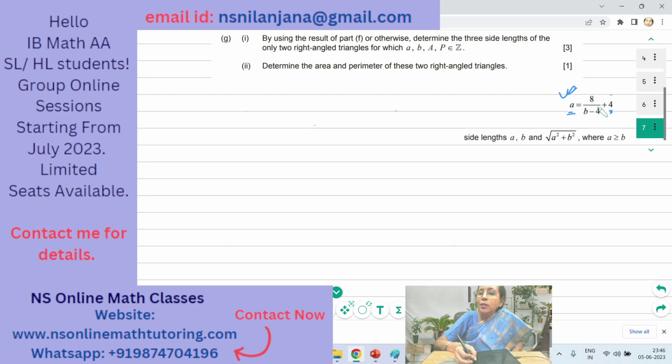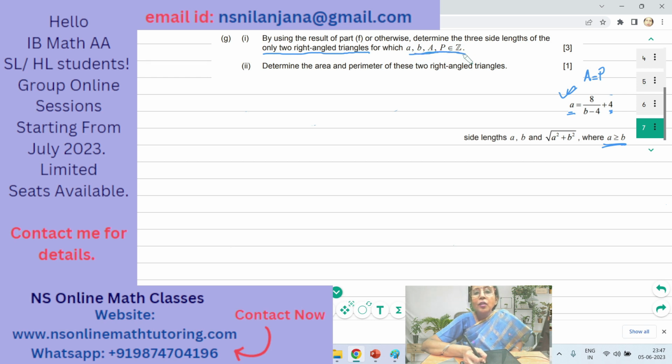And we had found A to be equal to 8 over b minus 4 plus 4. So by using the result of part F or otherwise, determine the 3 side lengths of the only 2 right angle triangles. Only 2 right angle triangles, and they will be having this condition as well. A is greater than or equal to B, and A, B and P will be integers.